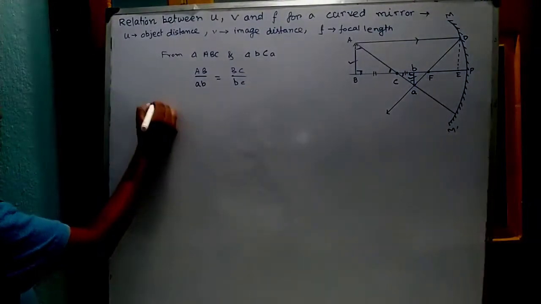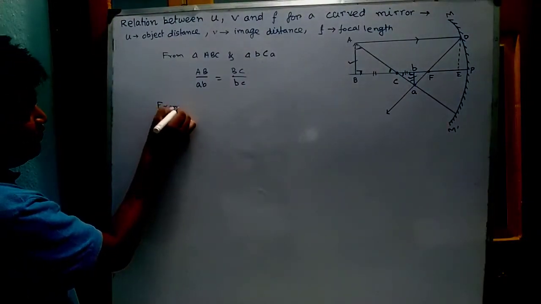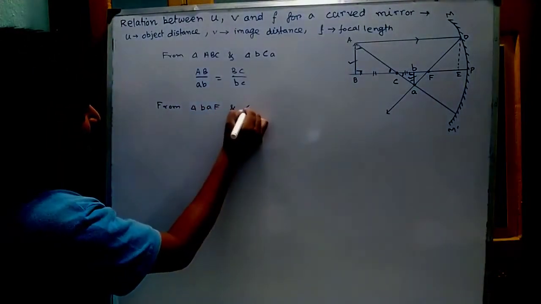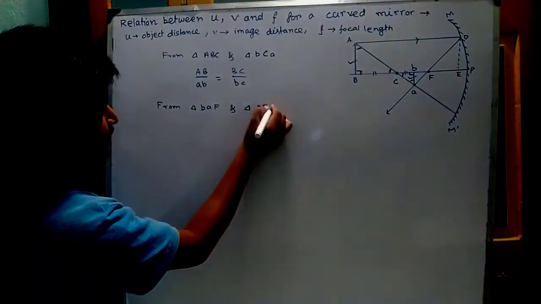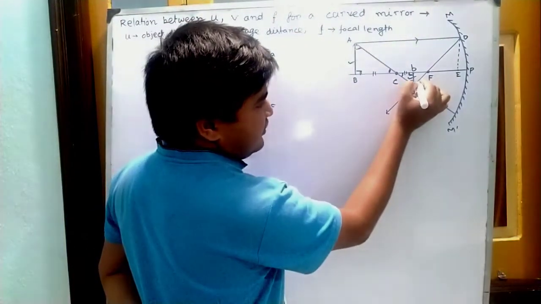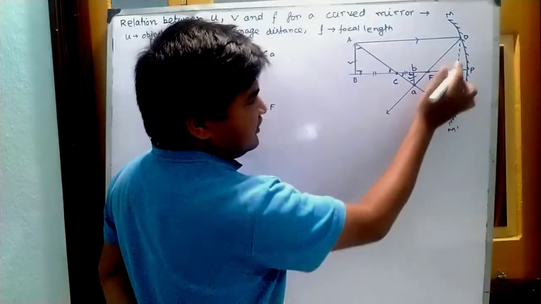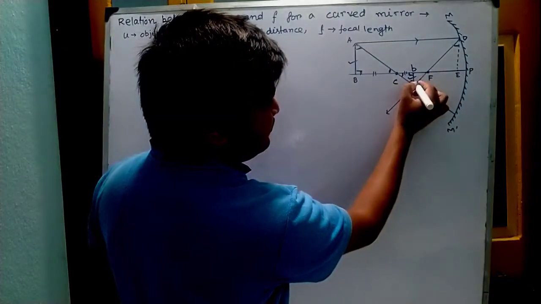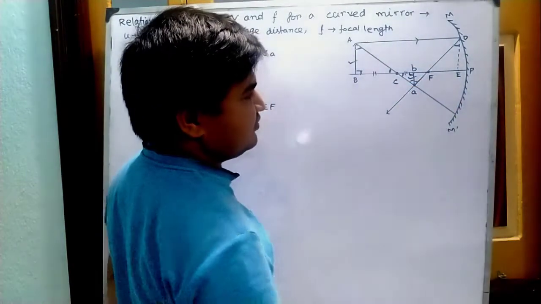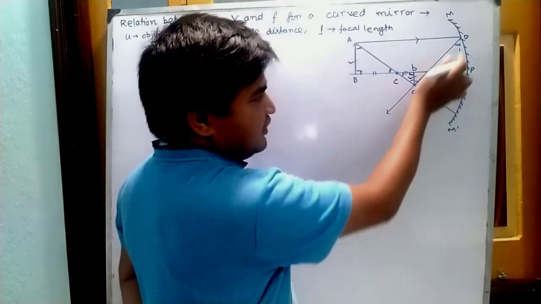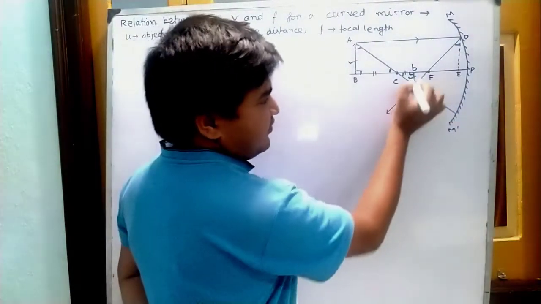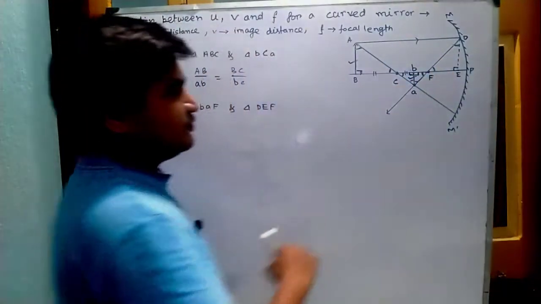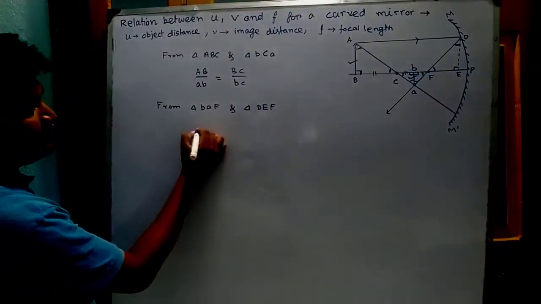Next, similarly, from triangle DEF and from triangle A'B'F, from this triangle and also from this triangle, again these are the same: BA and DE are parallel, this DA' is the intersector, 90 and opposite angles, so they are similar in nature.